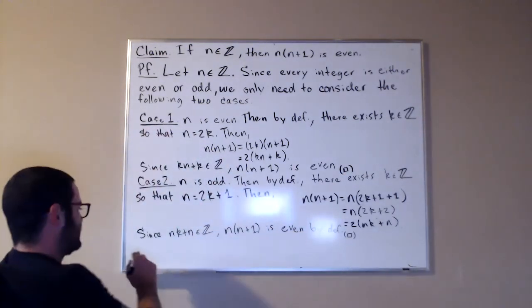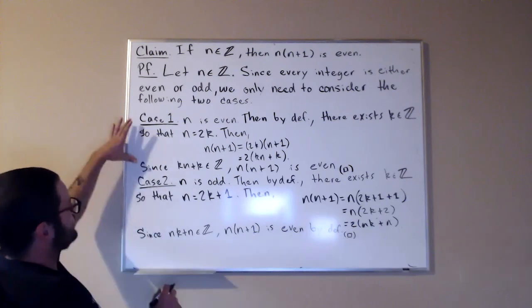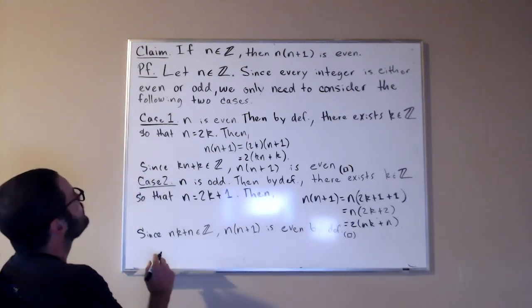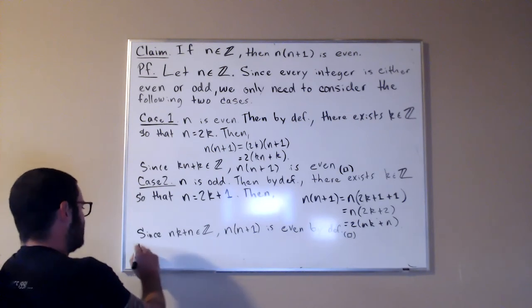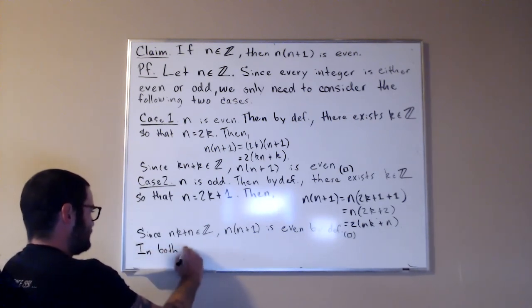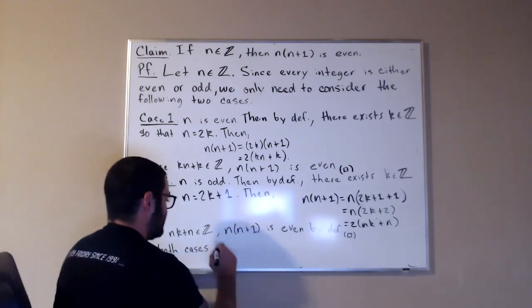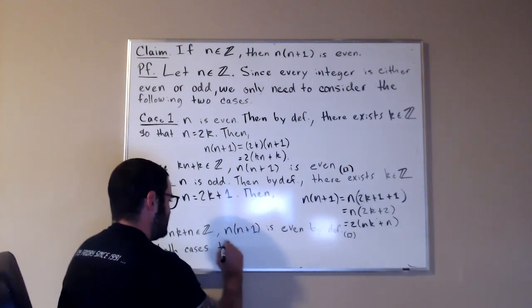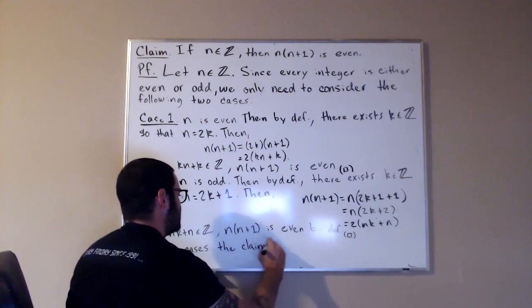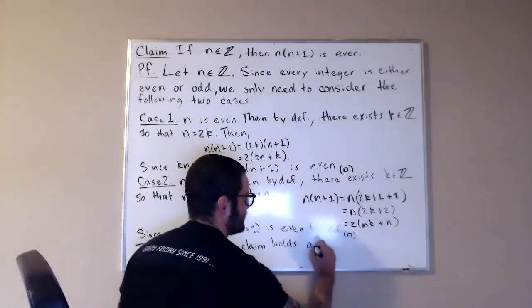So then we finally say the last sentence outside of the cases would be something like, in both cases, the claim holds and our proof is done.